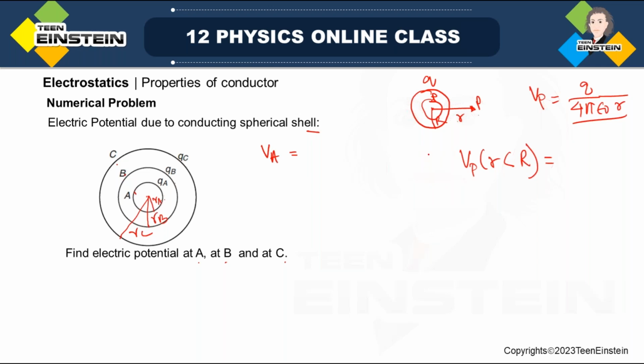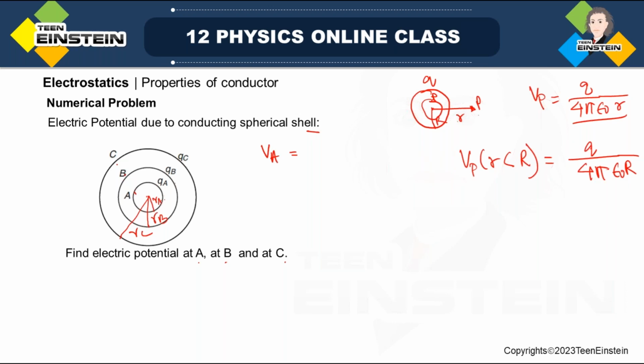So if there is no electric field, electric potential will be constant everywhere inside. But what will be the value of the electric potential at any point inside? That will be exactly equal to the potential on the surface. Okay, at any point inside the spherical cell, the potential will be same as the potential on the surface.